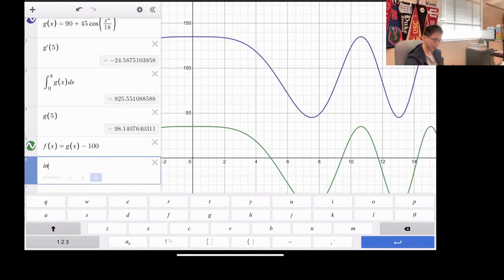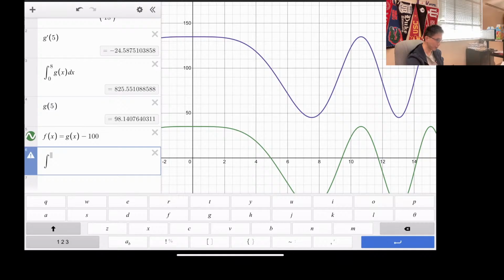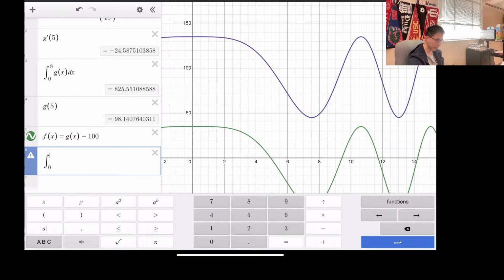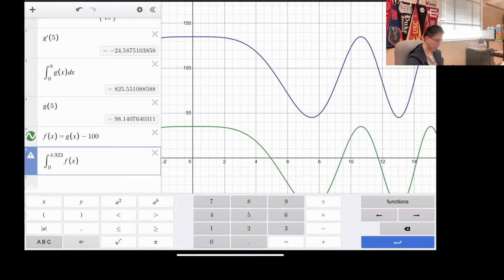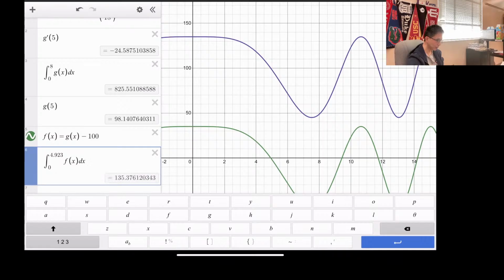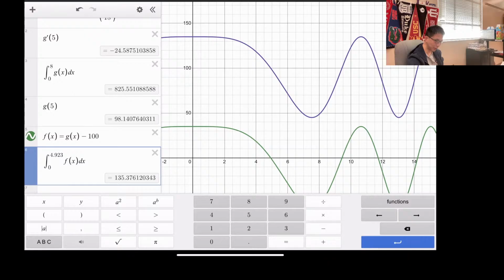I'm going to integrate from 0 to what? 4.923, of f of x in this case. That's 135, and I'm going to add 500 in the front.